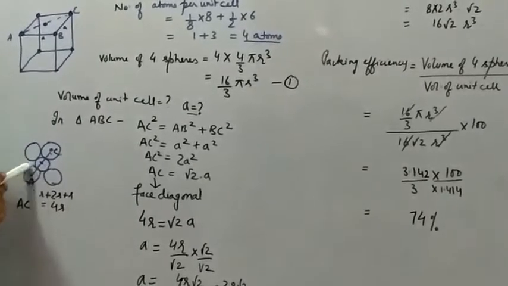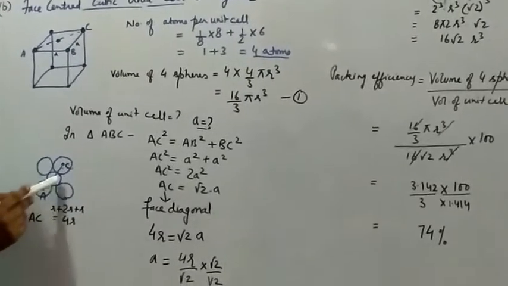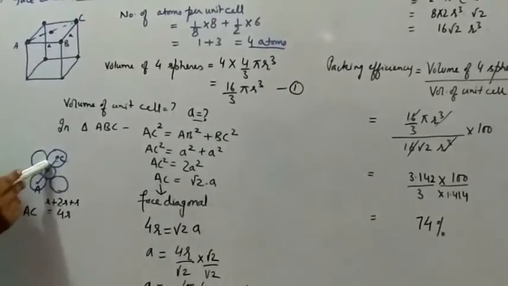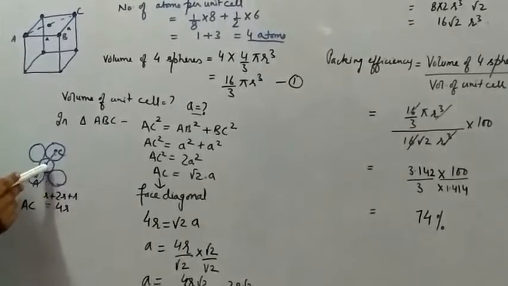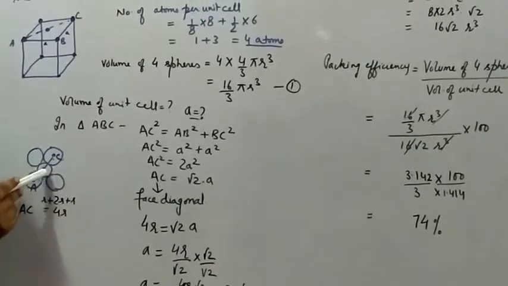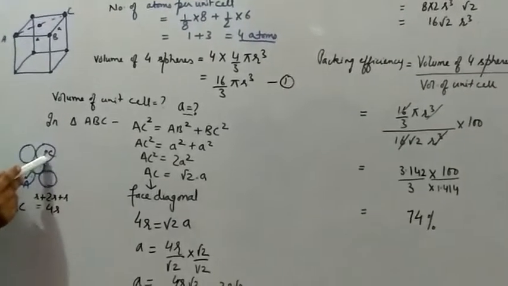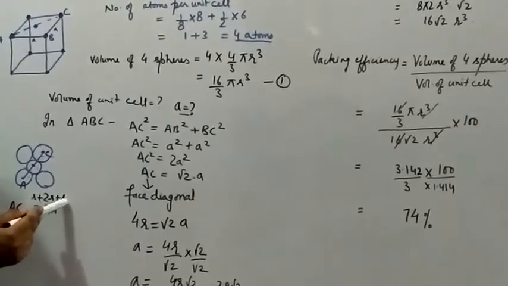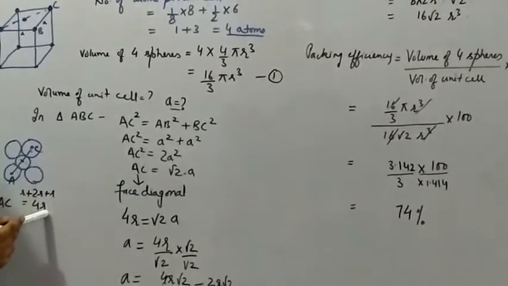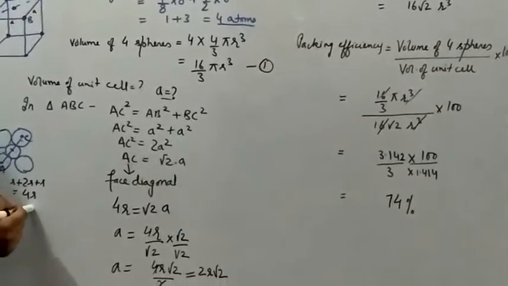Now A, this is one atom, its radius is R. This is the second atom which is present at the center of the face. So here it is 2R, its complete diameter will be taken, and the third sphere at the C point is this one, it's again R. So it's R plus 2R plus R, it will finally come to 4R. So AC value comes to be 4R here.